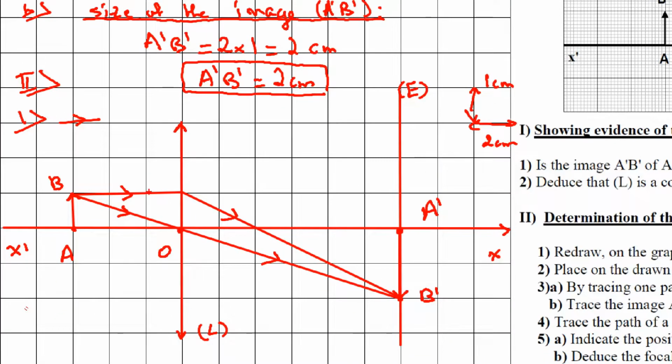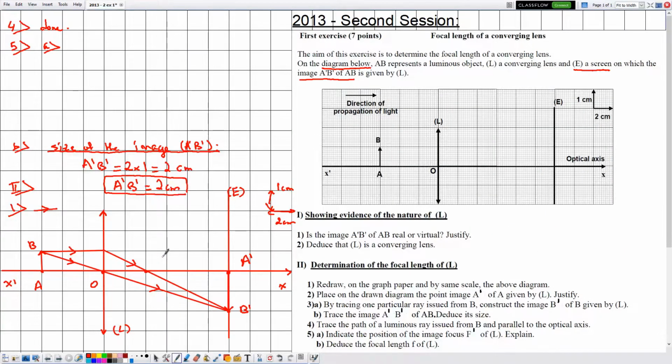So we know that the incident parallel ray is always related to the image focus, therefore the intersection of the emergent ray with the optical axis will be the image focus, denoted by f prime, and the justification is that the image focus f prime is the intersection of the emergent ray with the optical axis.